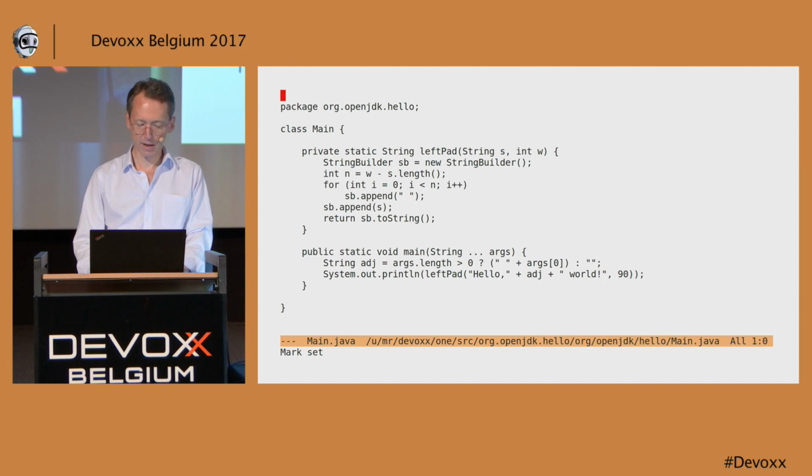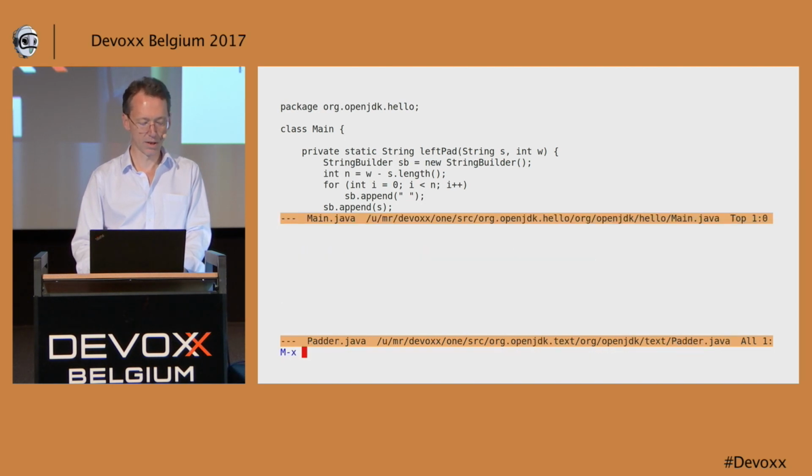So I'm going to make another module nearby called org openjdk text, and let's go into org/openjdk/text/Pattern.java. Okay, so we're going to dump a bunch of code in here.